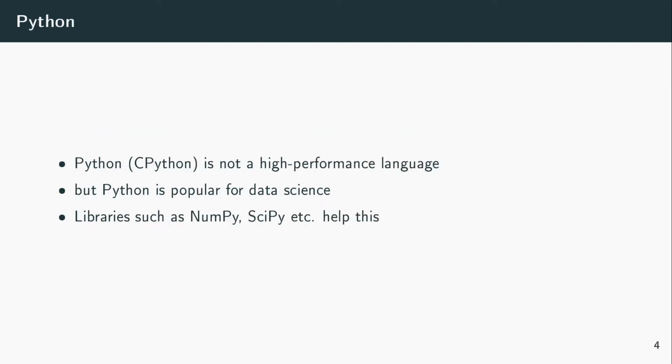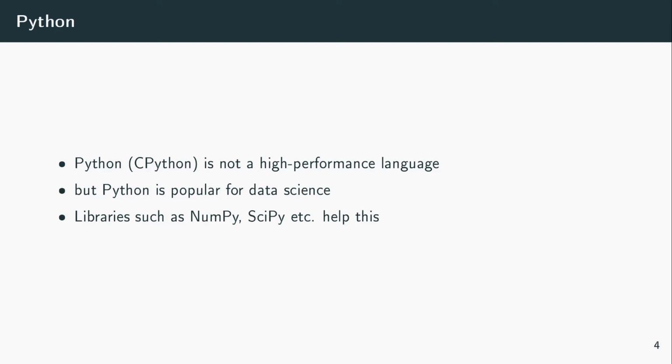Python, and its CPython implementation particularly, is not a high-performance language and is pretty unapologetic about that. In spite of this, Python is extremely popular for data science. So we have a sort of contrast here between the very slow language and the very high performance domain that people are using it for.